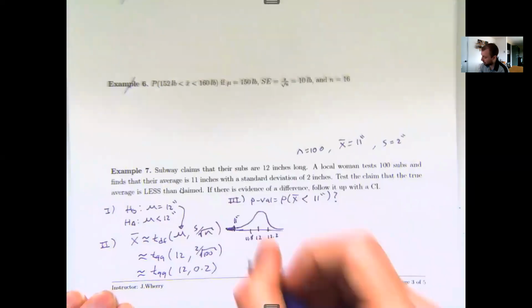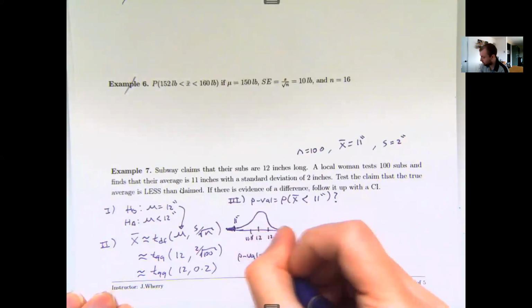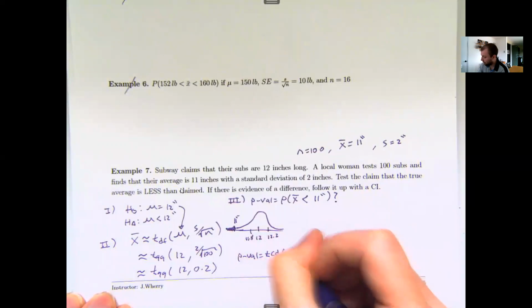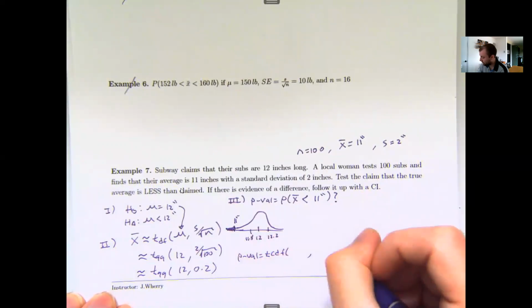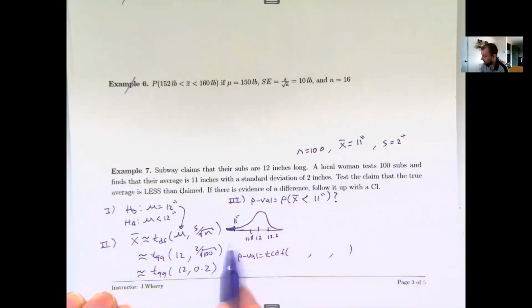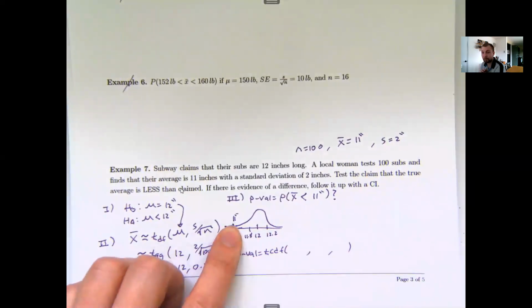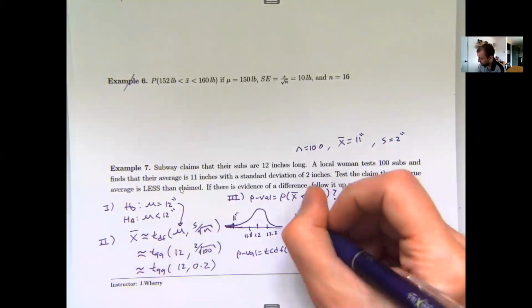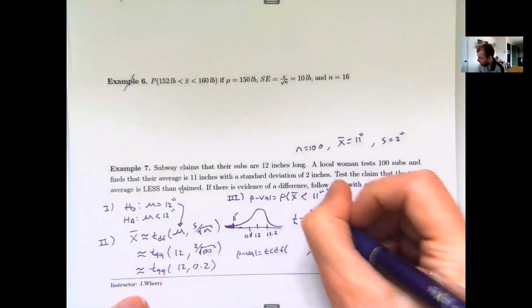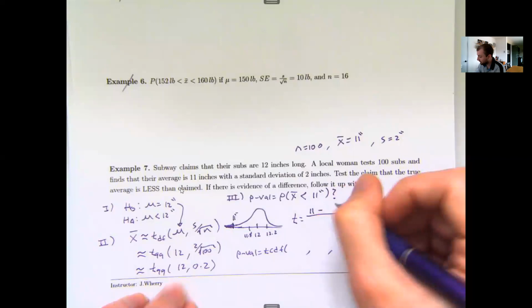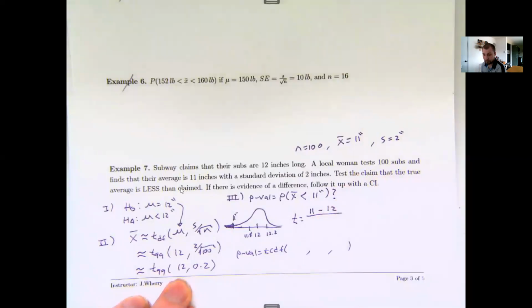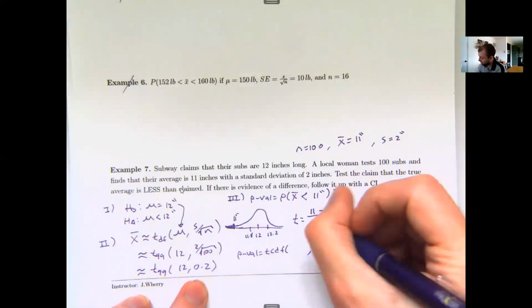Now, before I can, for the p-value, do my TCDF low, high, degree of freedom business, I need to make sure I have t-scores. So I'm going to find the t-score for this 11. So t is the value, 11, minus the center, 12, divided by my standard deviation.